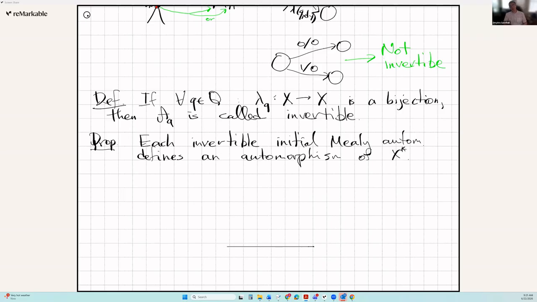Okay, so this is where we get to finally to the groups, right? So now I can state the definition.